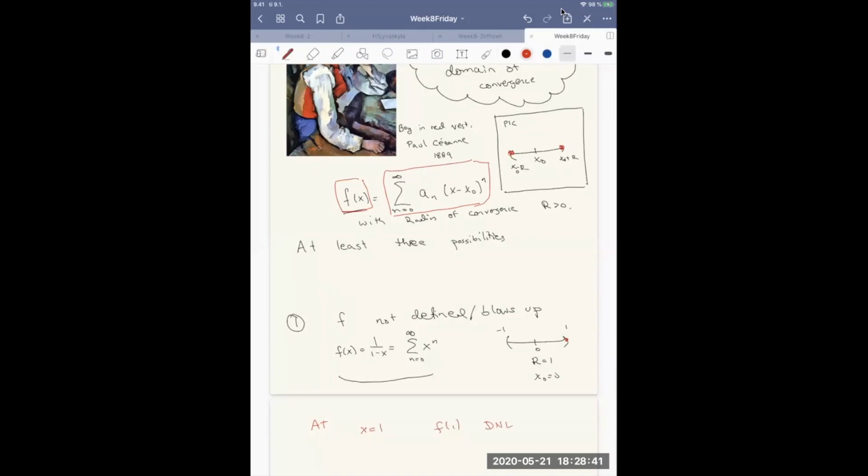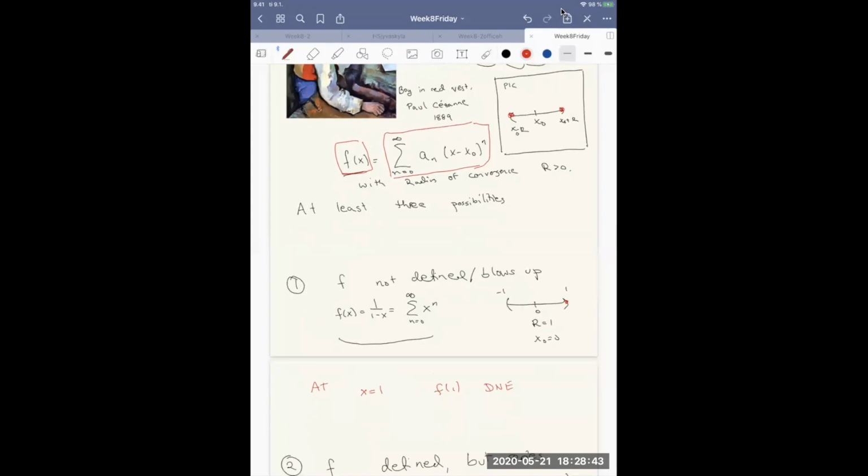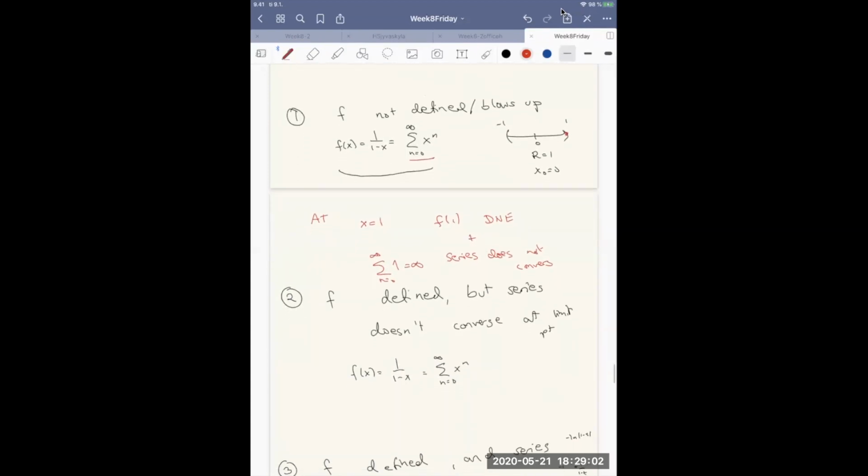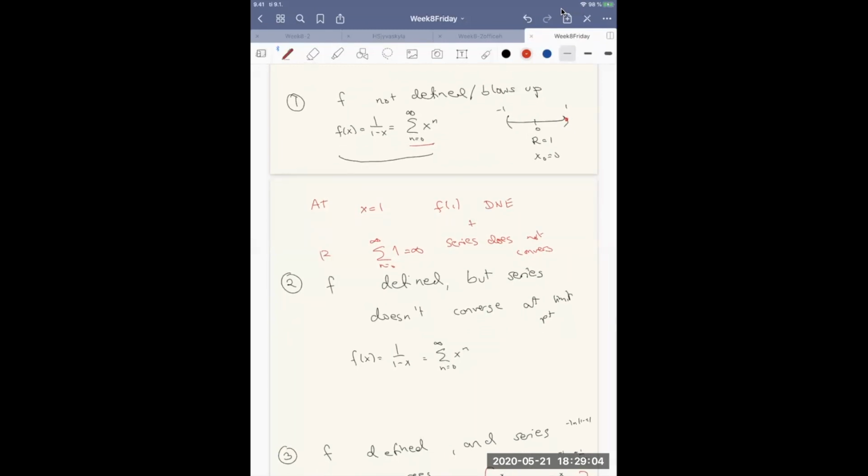It's not defined. And also the series does not converge: on the right-hand side we get the sum of 1, which would be equal to infinity. So the right-hand side diverges and the left-hand side is not defined.